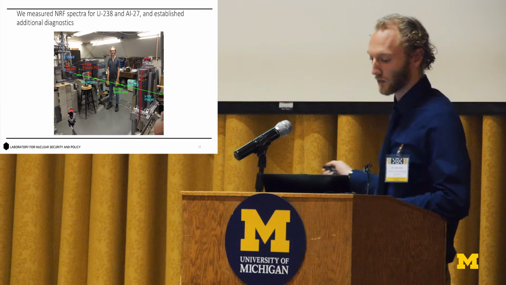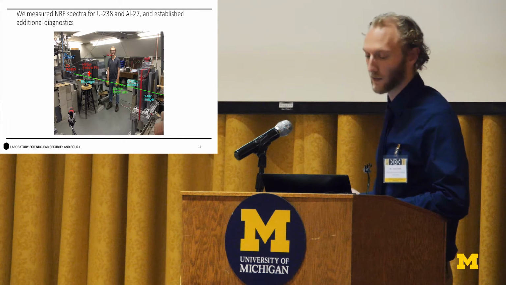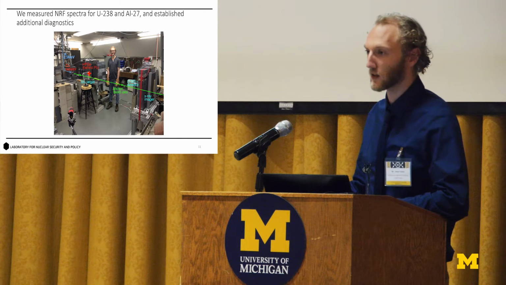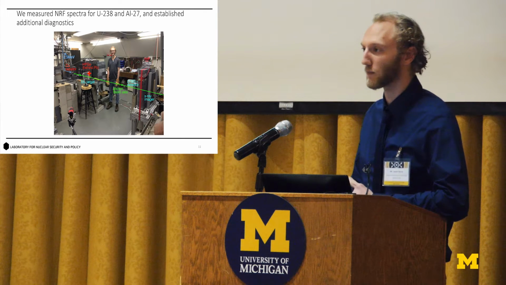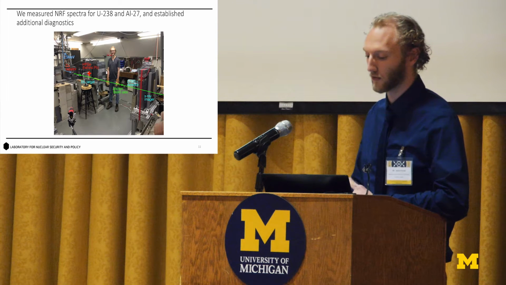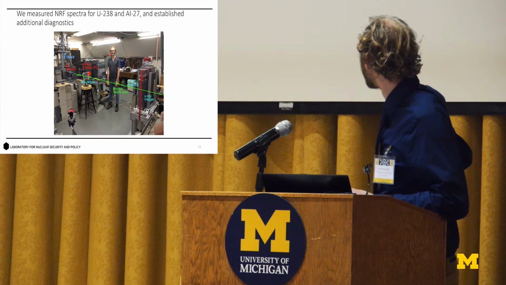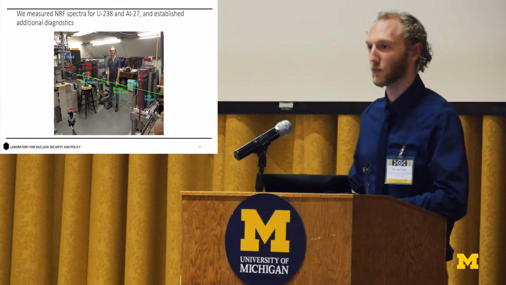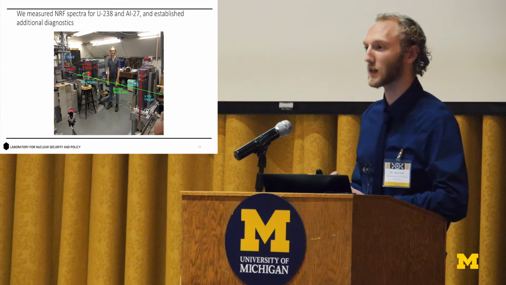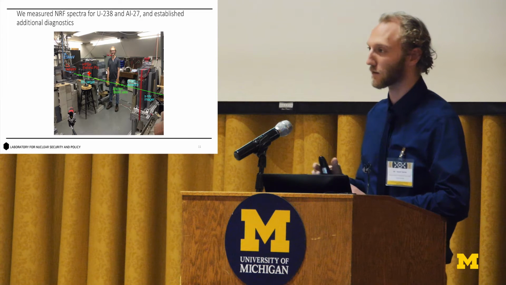In particular, we set up a LYSO gamma ray detector. It's a very fast gamma ray detector that we can use to make a direct measurement of the incident Bremsstrahlung beam, or at least the part that is transmitted through the DU target. And finally, at the very end, we set up an X-ray imager. So with the imager, we can actually see the spatial profile of the Bremsstrahlung beam and perhaps any fluctuations in it.